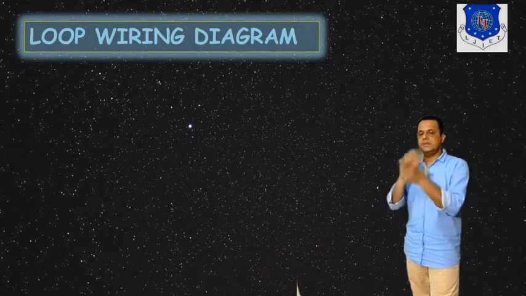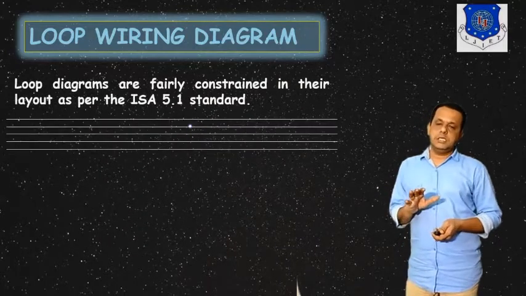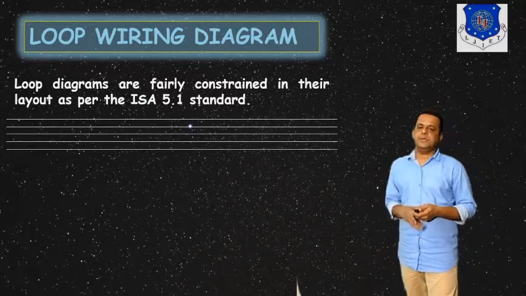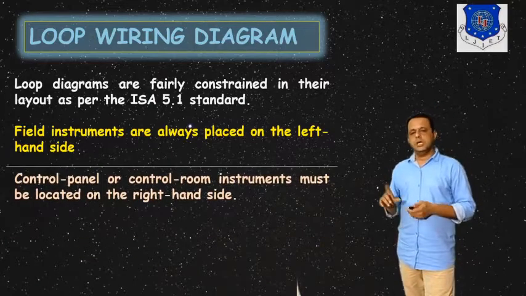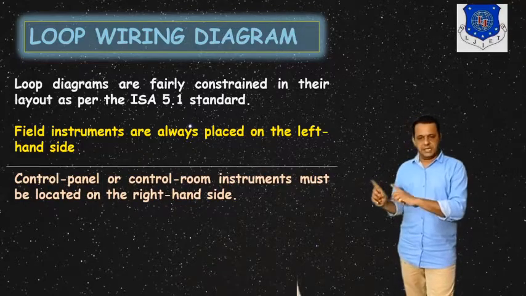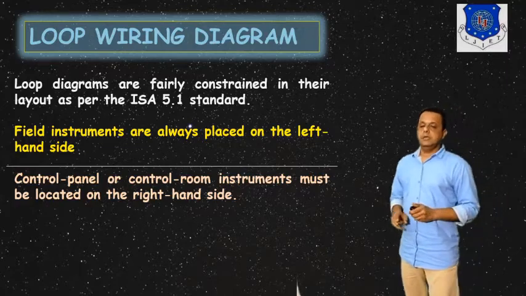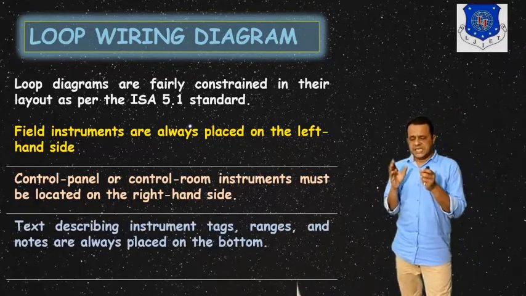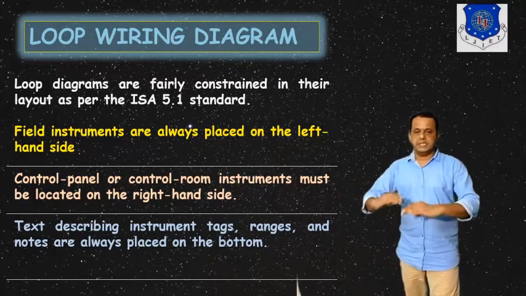Otherwise, the loop wiring diagram has the maximum detailing. It is actually prepared as per the ISA 5.1 standard. Field instruments are always placed on the left hand side, control panels on the right hand side, and the text describing instrument tags and ranges is always placed at the bottom.